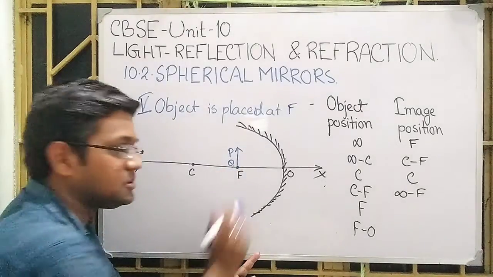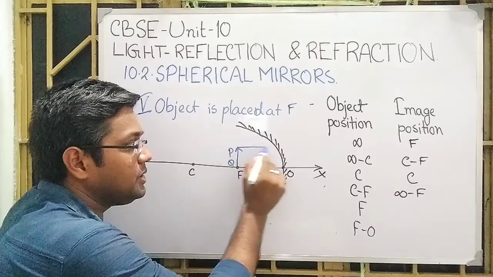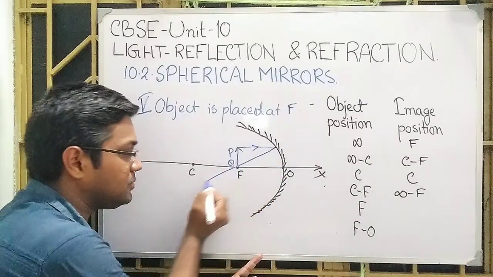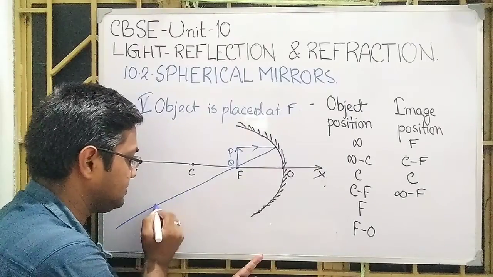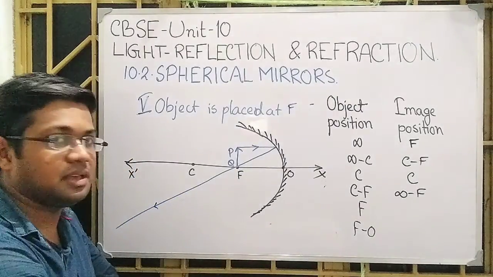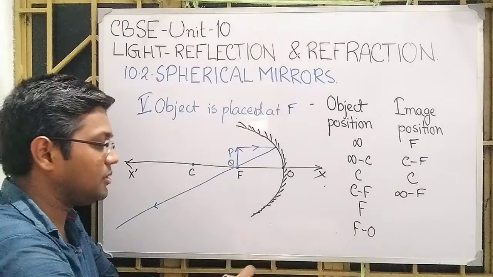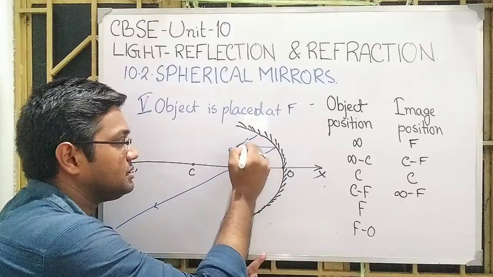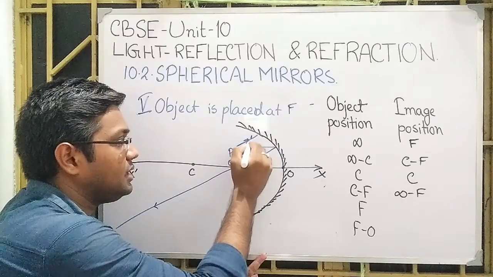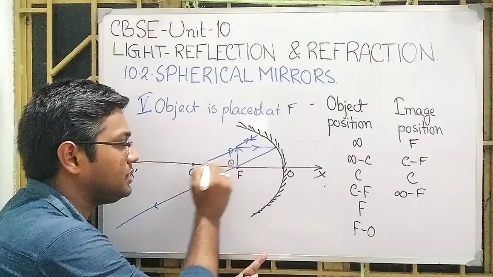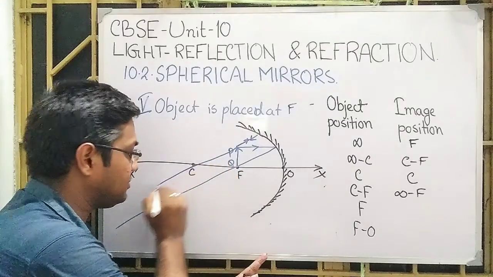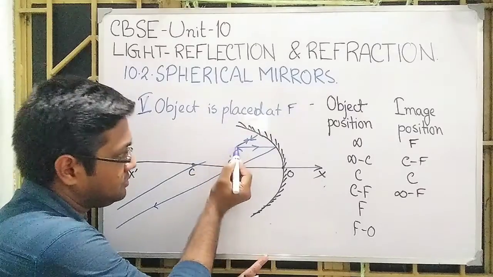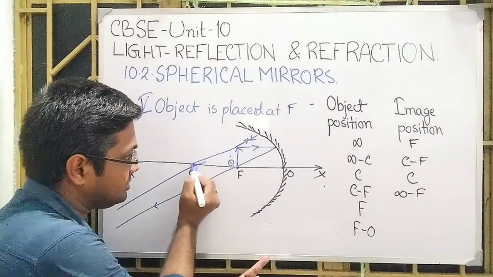Okay, so the light ray coming from P strikes the mirror, and after reflection it passes through the focus like this way. Another ray from the point P strikes the mirror normally, and after reflection retraces its path and passes through the center of curvature.